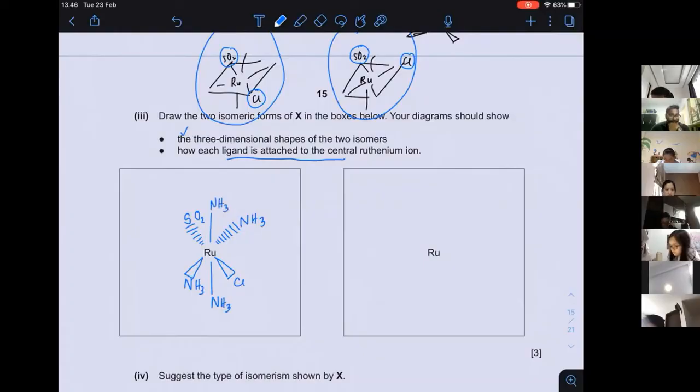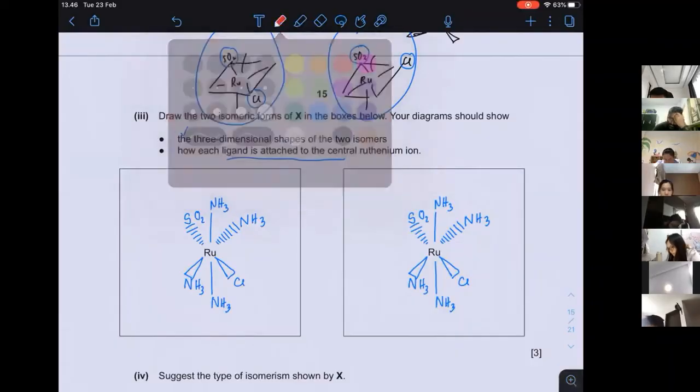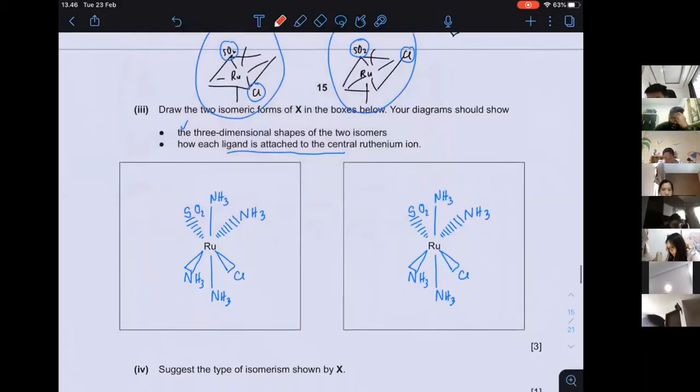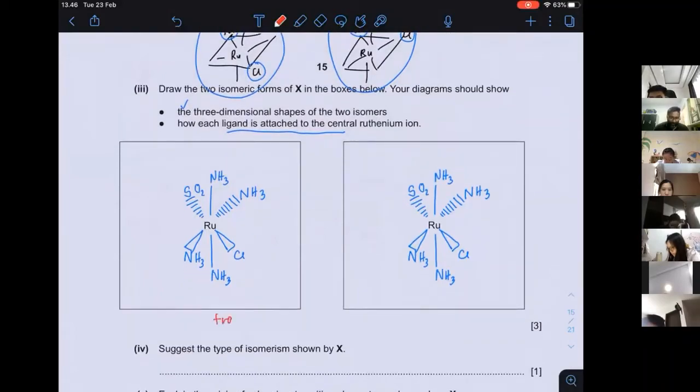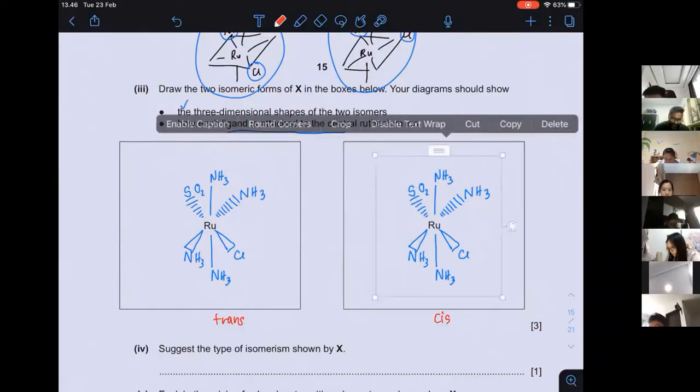So please write accordingly. Here, if you do the same thing, I copy here and paste here. What I can change over here is this part, because I want to show this is trans, so now I want to show cis.